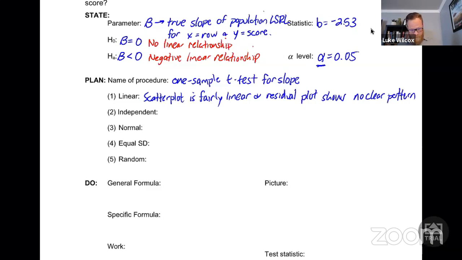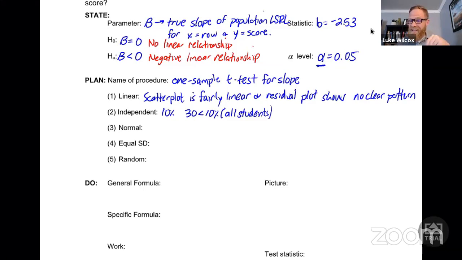All right, independent. Well, we know that's the 10% condition, which says that the sample size of 30 is less than 10% of the population of all students. But hold up. Why are we checking the 10% condition? We check the 10% condition when we are sampling without replacement and we're worried about independence.